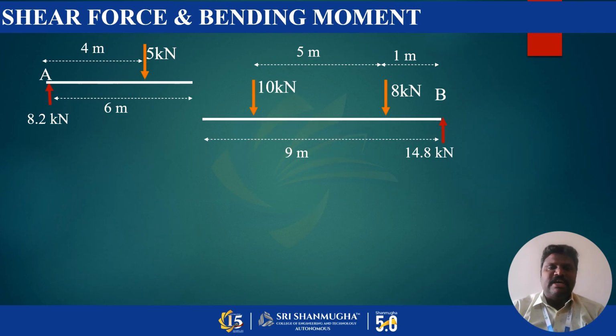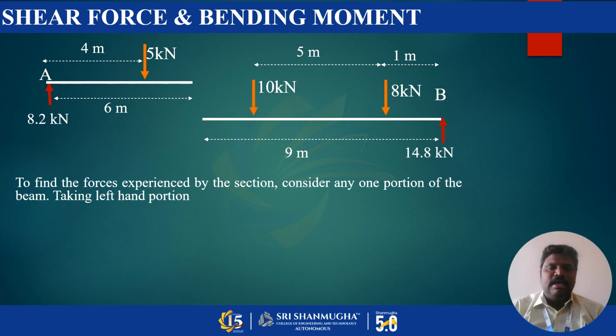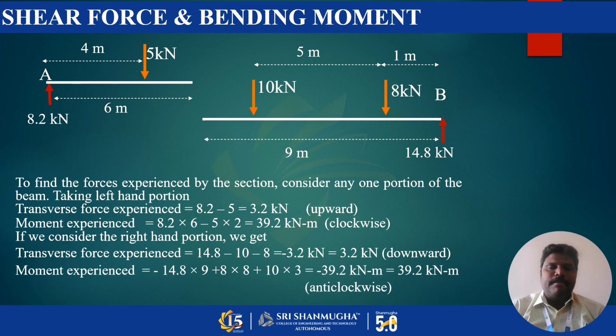So this is about the shear force and bending moment. From this we can calculate the shear force and bending moment. I have cut the section, as shown in the previous slides, where I cut the section XX. I have split the beam into 2 portions: one to the left of the section XX and another to the right.